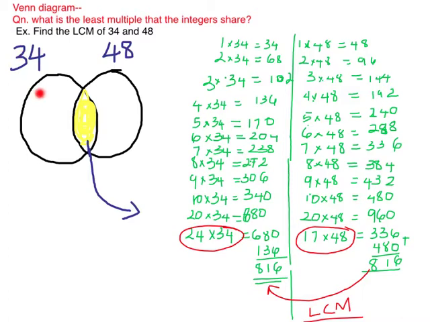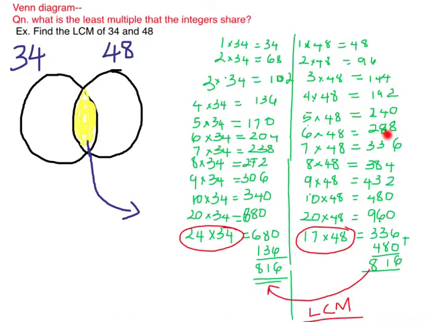So here you want to work out the multiples of 34. 1 times 34 is 34. 2 times 34 is 68. 3 times 34 is 102. 4 times 34 is 136. And you do the same with 48 times 1, 48 times 2, 48 times 3, 48 times 4, 48 times 5.